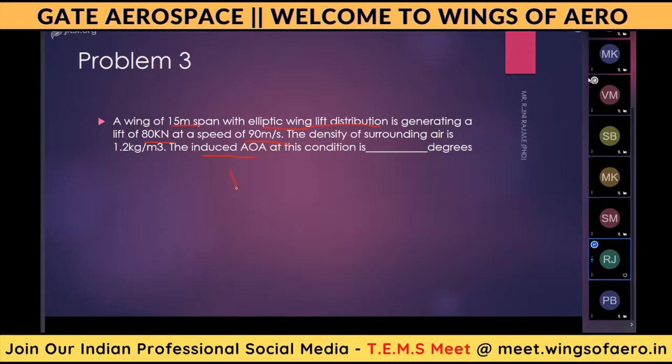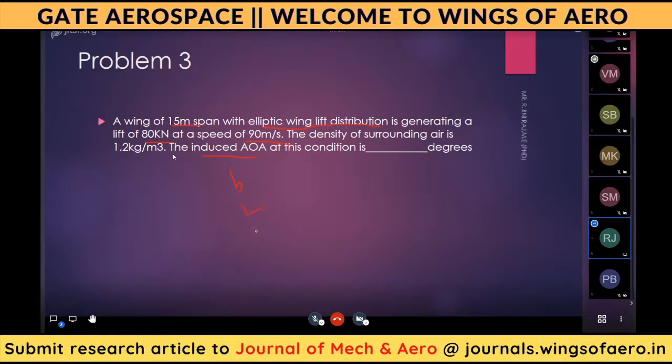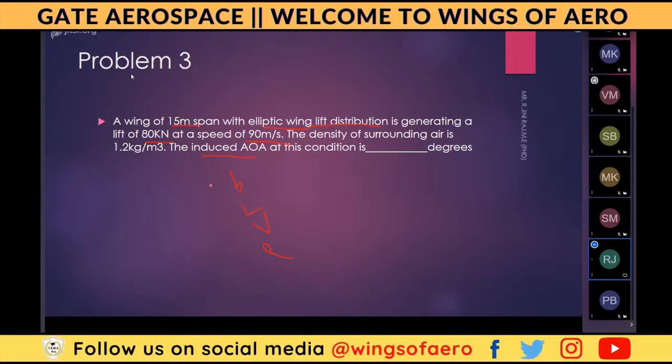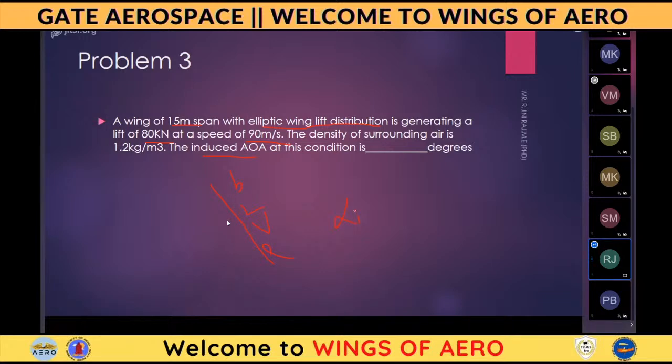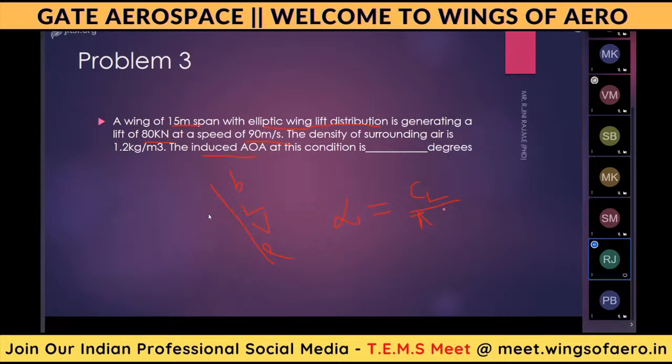So the given data are b, then L, then V infinity, then rho. These four things we know. The formula for induced angle of attack is alpha I equal to CL divided by pi into AR.